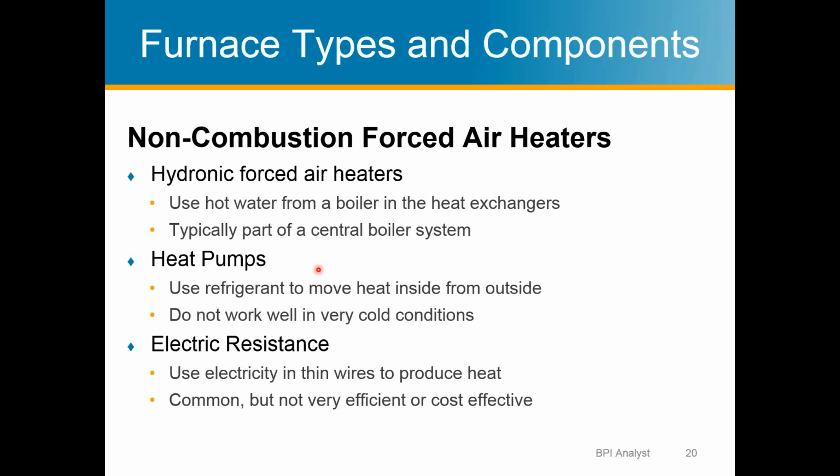There's also electric resistance furnaces, and a lot of heat pumps have some electric resistance inside them too. And the electric resistance is just that, they approach 100% efficiency. And we'll talk about that a little more in water heaters too, because there's electric resistance and electric heat pump water heaters. But you can heat your house this way too.